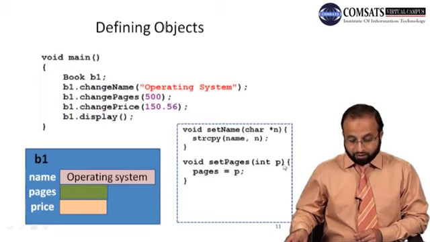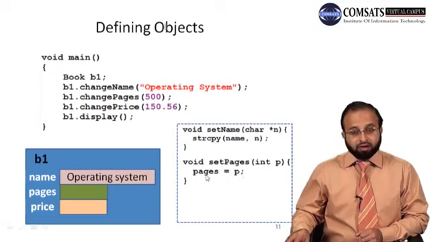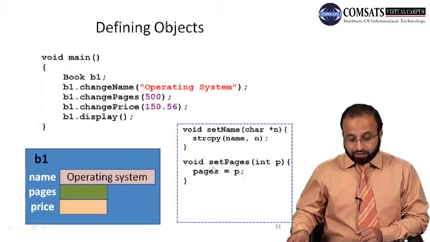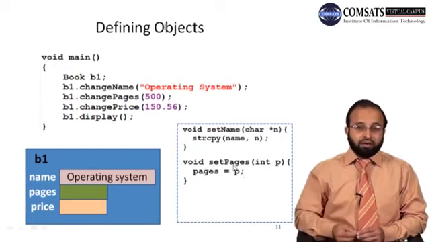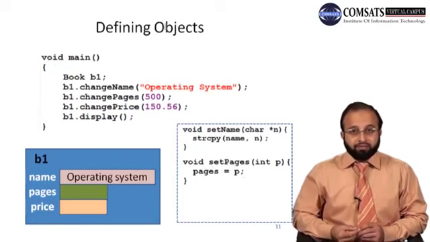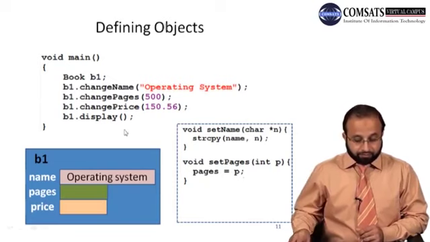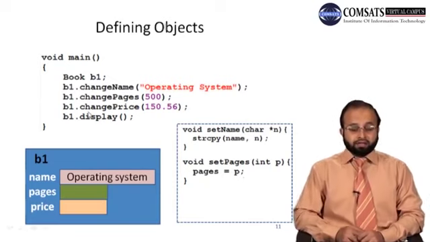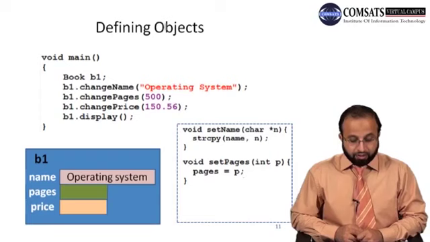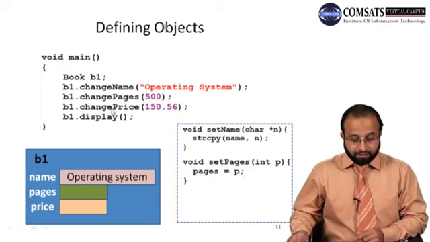So whatever value you pass will come into p, and then you are copying the value of p into pages. And pages is the private data member of which object? The object with which you called the set pages function from main, that object's pages, and that is b1. Then on the fourth line there is a function b1 dot change price. You are passing some value to that function, and this is the function.